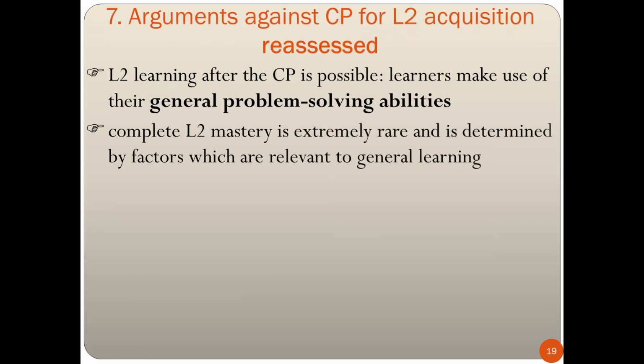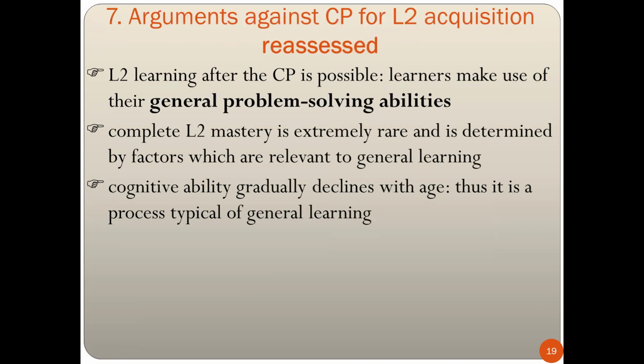Okay, how do we explain this? Well, there is a general theory of aging which shows, and this is undisputed, it's accepted as established science, that human beings' cognitive ability gradually declines with age.